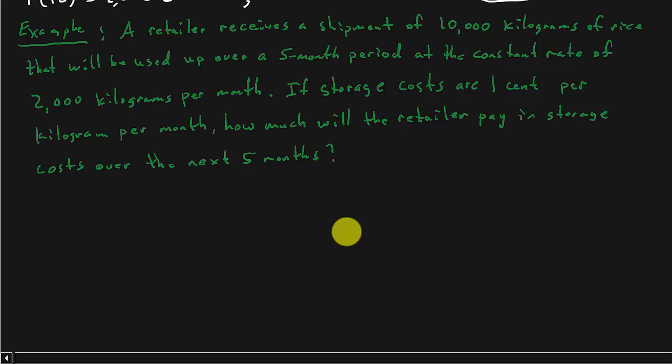If storage costs are 1 cent per kilogram per month, how much will the retailer pay in storage costs over the next 5 months? So it says a retailer receives a shipment of 10,000 kilograms of rice that will be used up over a 5-month period at the constant rate of 2,000 kilograms per month.